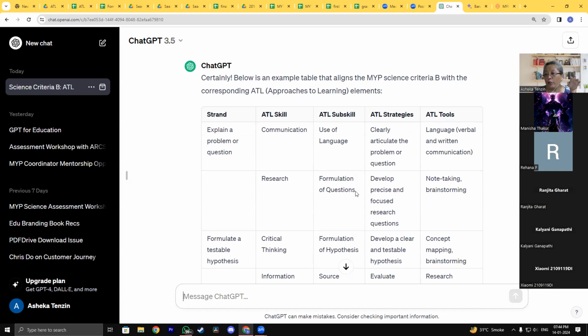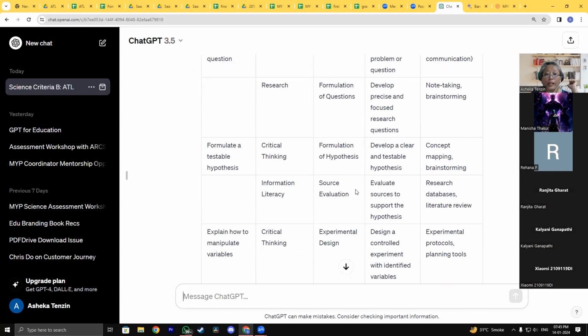In DP, when you write the research question, you have to include the independent variable and dependent variable. So how are you going to teach that to your MYP 1, 2, 3 students?